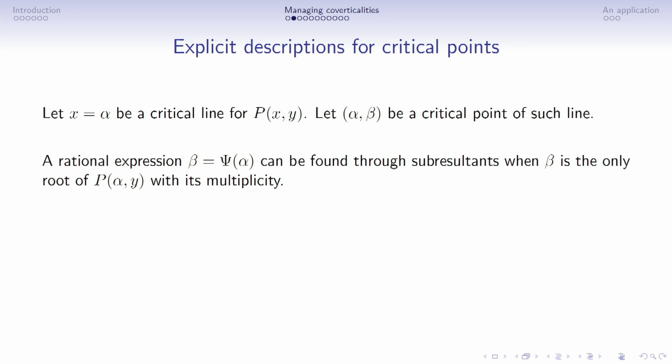All right, so in general, when beta is the only root of its multiplicity of the restricted polynomial to the vertical line, it's easy to compute some greatest common divisors of polynomials and find a rational expression for beta in terms of alpha. All right.